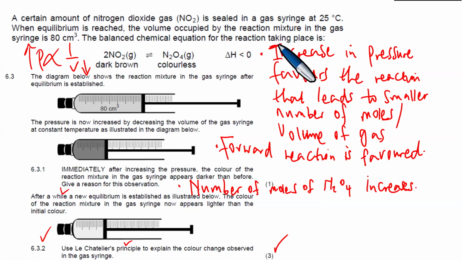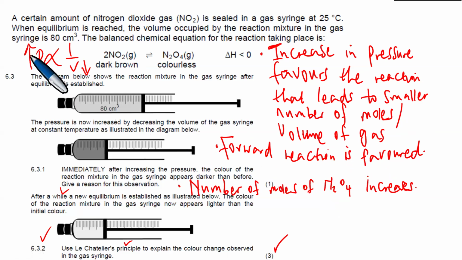Increase in pressure favors the reaction that leads to a smaller number of moles. So if you increase the pressure, that happens with a decrease in volume. In other words, you have a smaller number of moles, or what you call a smaller volume.